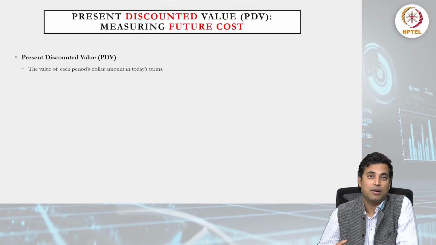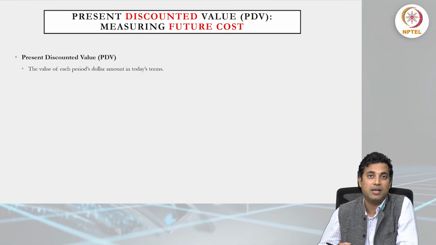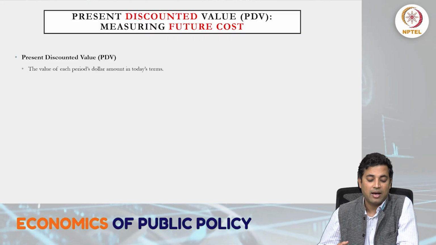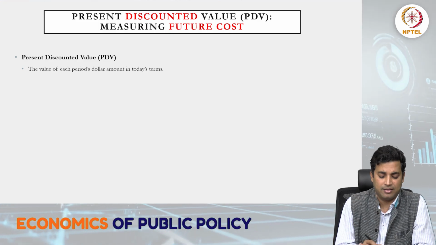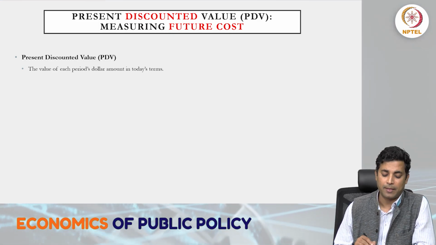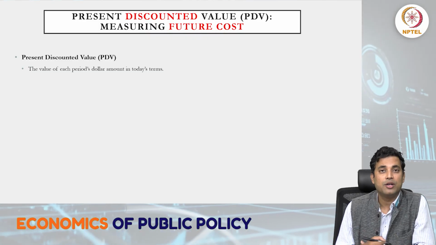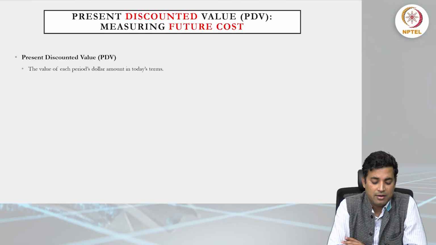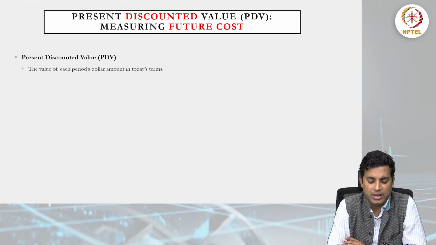This is what we calculate when we invest some money in the bank, and then we always look for the rate of interest, and that's how we try to understand. So let's take an example, like this definition that I have taken from Jonathan Gruber's book. Any standard book will give you the definition of present discounted value: the value of each period's dollar amount in today's terms.